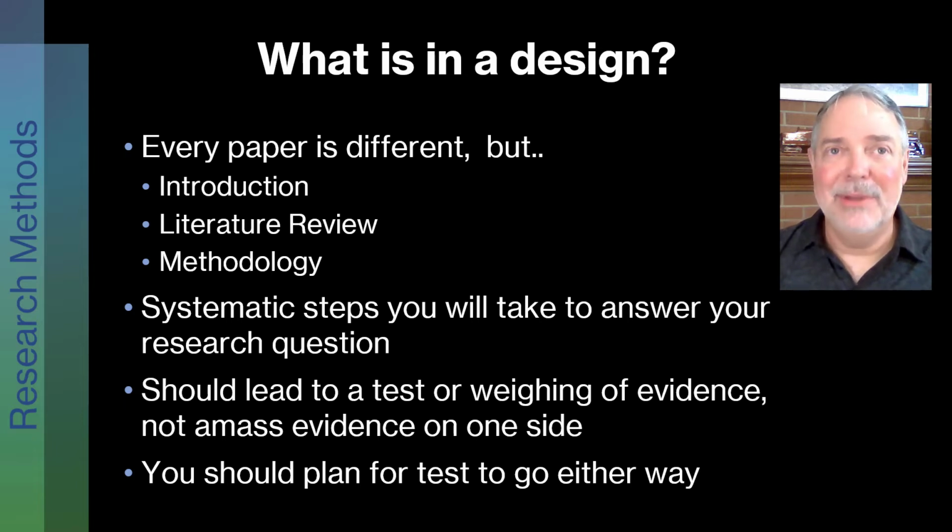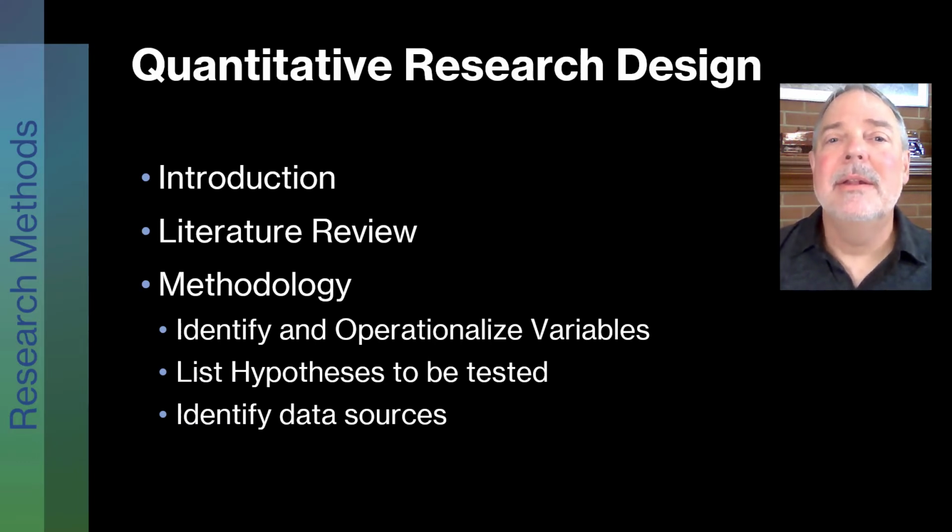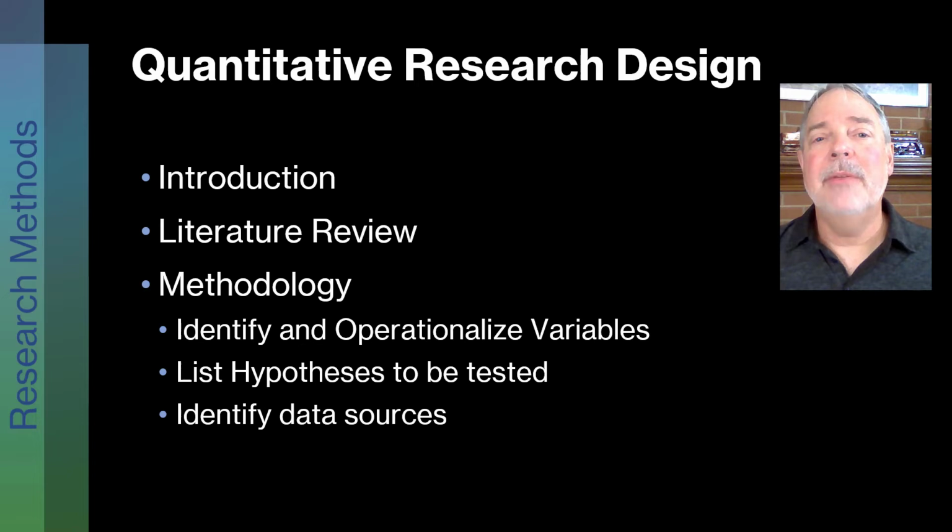And if I find that they're wrong, then you've established that there's some plausible reason to think that this hypothesis was correct or this independent variable had some weight, and it didn't. Now you've learned something about the world, right? So you want to plan for your test to go either way. Very important.